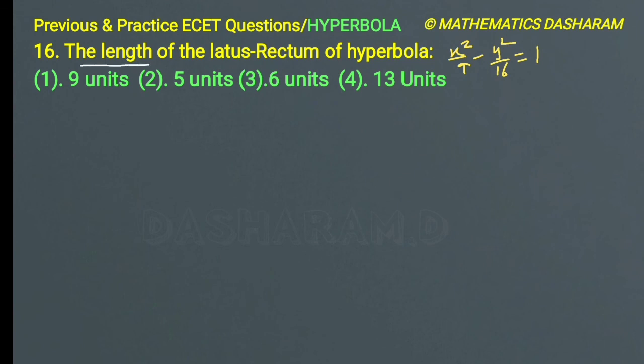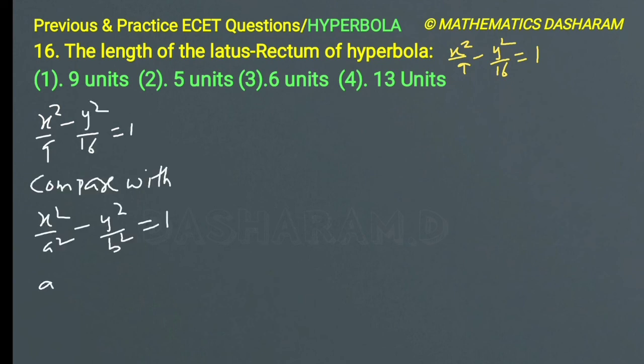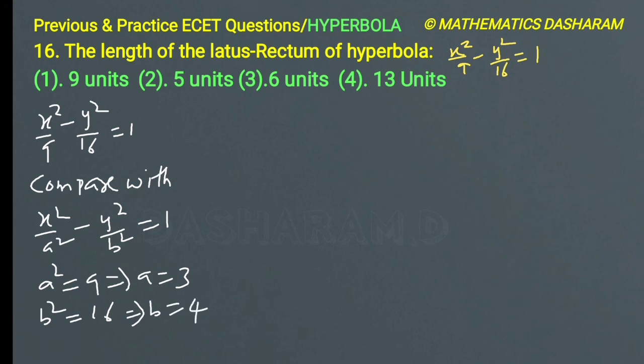16th question, the length of a latus rectum of hyperbola x square by 9 minus y square by 16 equals to 1. Let's compare the given hyperbola with the standard form. So a square equals to 9, then a equals to 3, b square equals to 16, then b equals to 4.